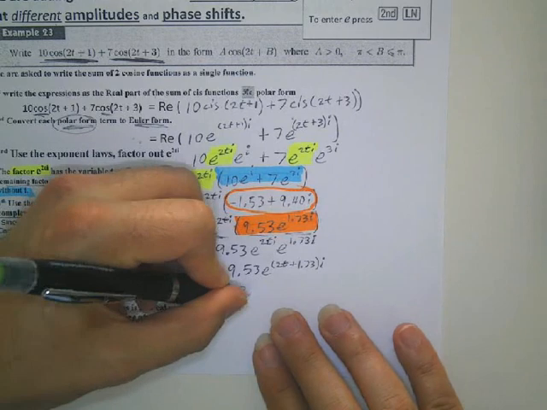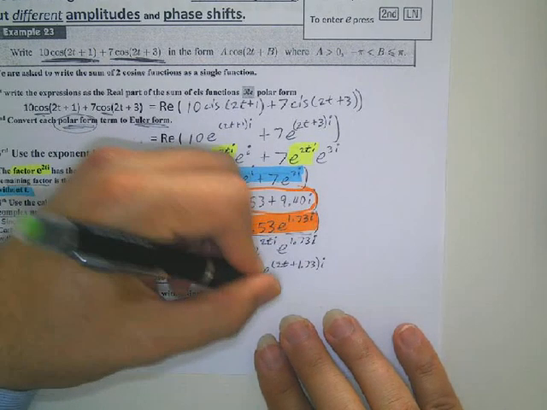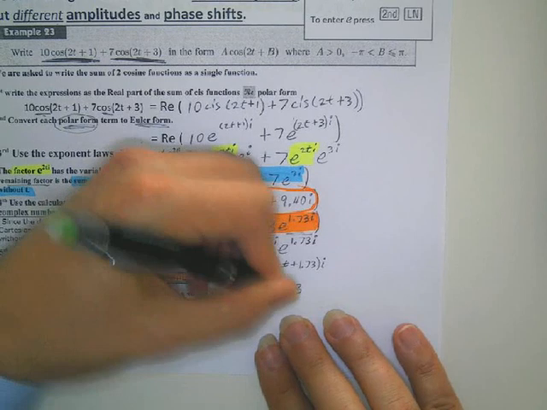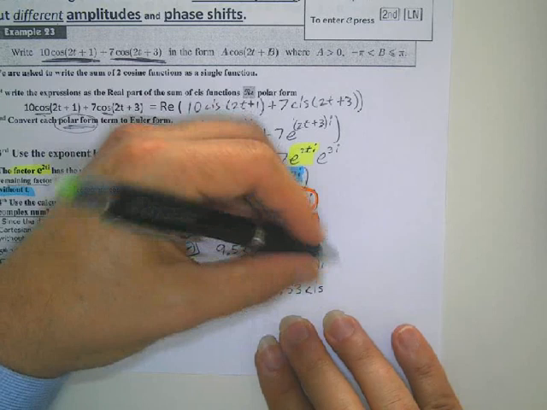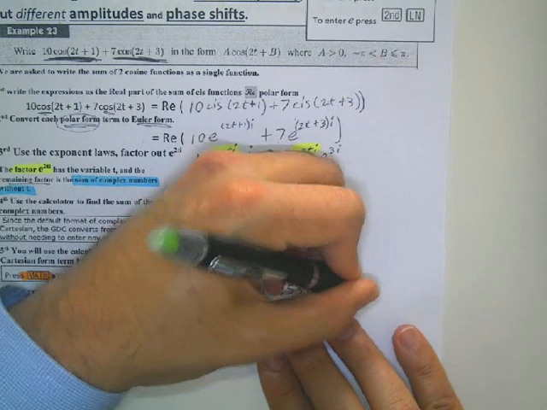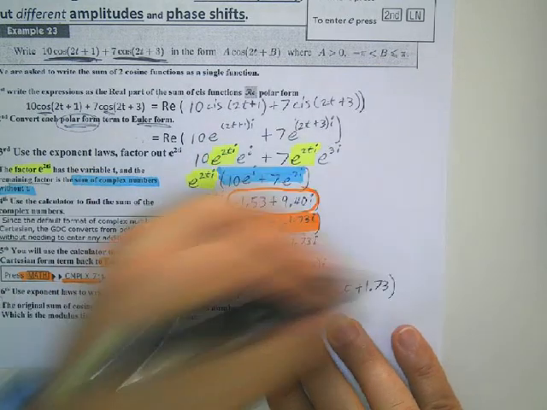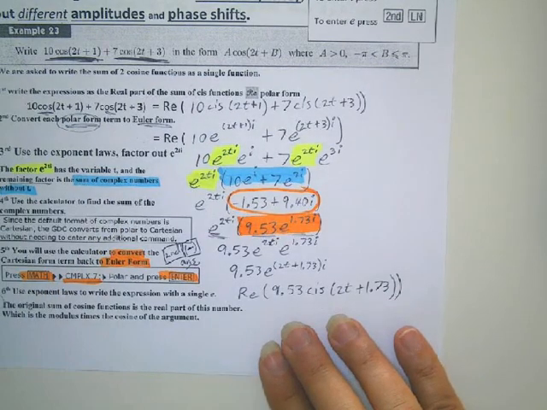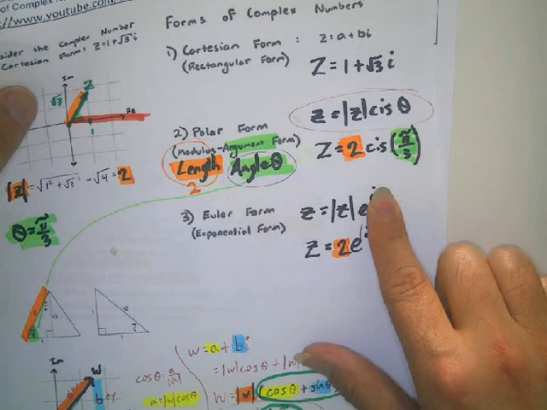So I'm going to write this as 9.53 cis 2t plus 1.73. And what I did was I just converted it from Euler form to polar form.